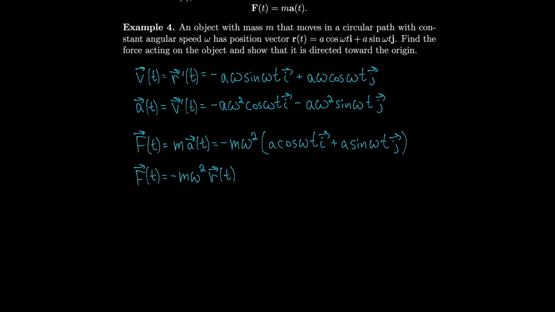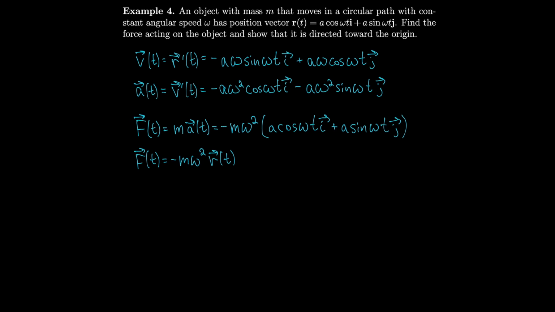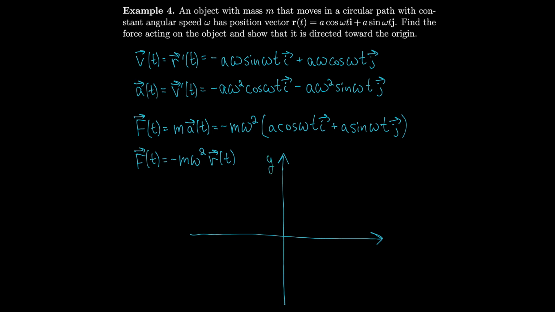So I can draw this, hopefully, let's see. Make this y, this x, and how about I make this r. Oh, that was bad. It was almost good, but okay. Let's say that's our circular path.